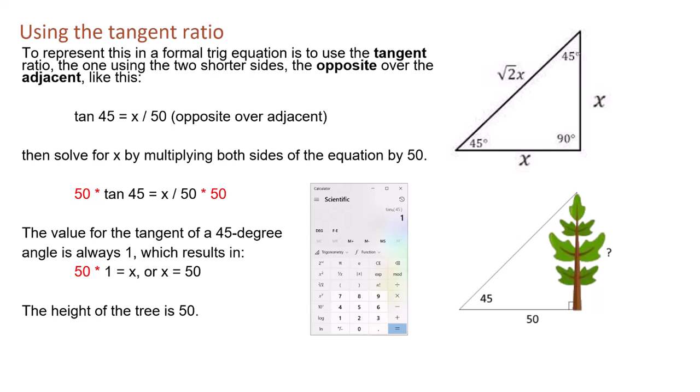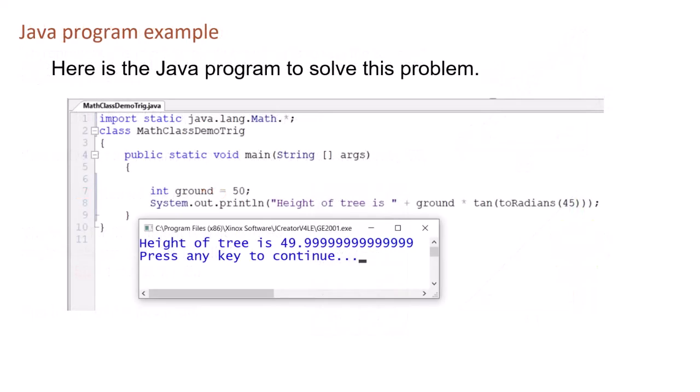Then solve for x by multiplying both sides of the equation by 50. 50 times tangent 45. The value for the tangent of a 45-degree angle is always 1, which results in 50 times 1, which is the value of x. The height of the tree is 50, which we figured out before, but now you know how to do it using the equation. Here is the Java program to solve this problem.